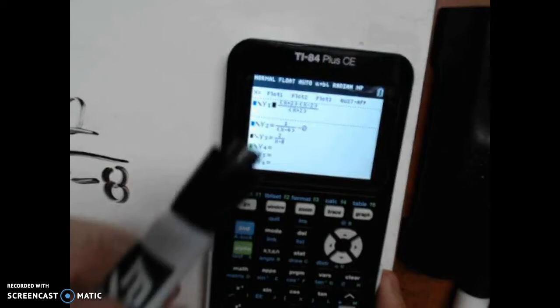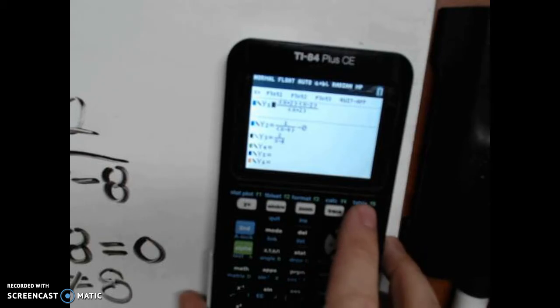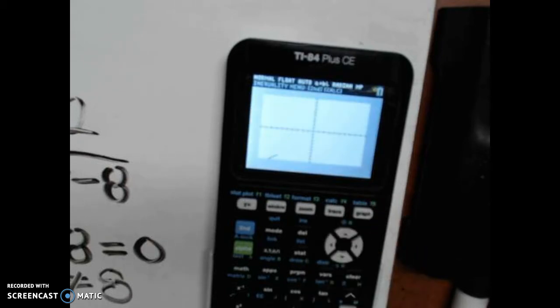Now the other thing I was talking about, let's go up here to this one. I've got the problem x squared minus 4 over x plus 2, and we said that is equivalent to just the line x minus 2. So go ahead and graph that. You can see we get straightness here.